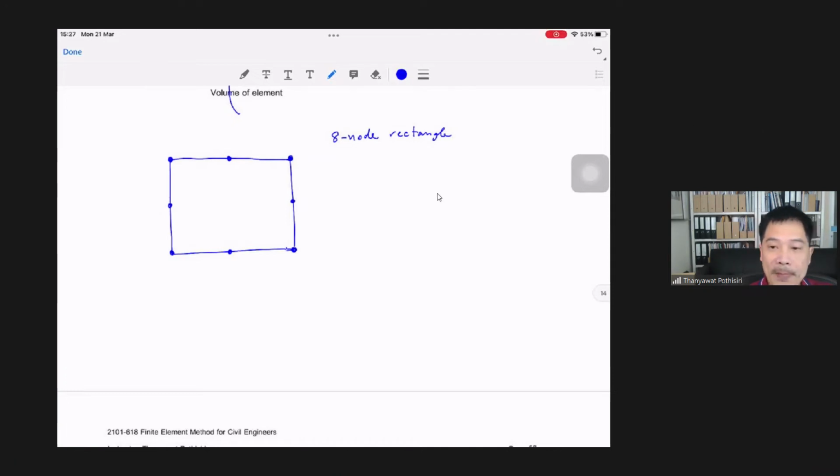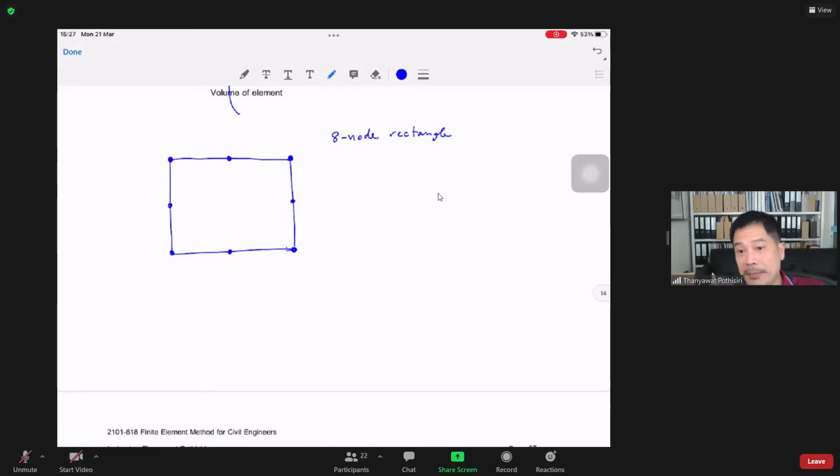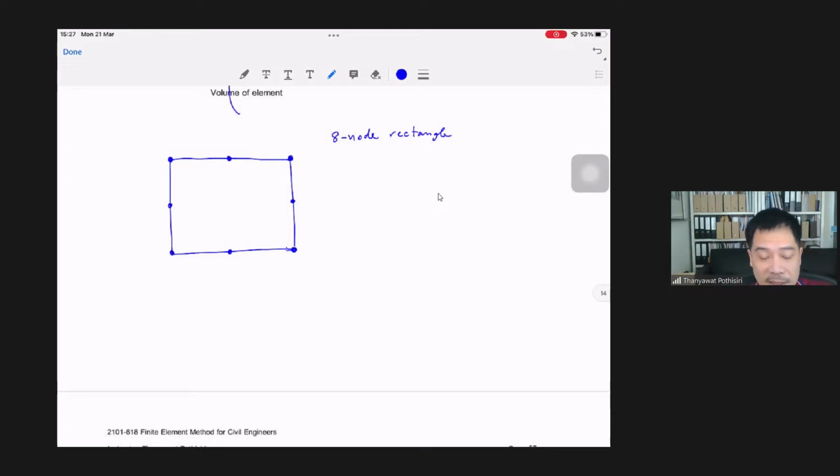For example, you can use it to map an element with curved edge, right? Because as we mentioned previously, if you have more than one node, you can have quadratic functions. So on this node, you can have curved edge.